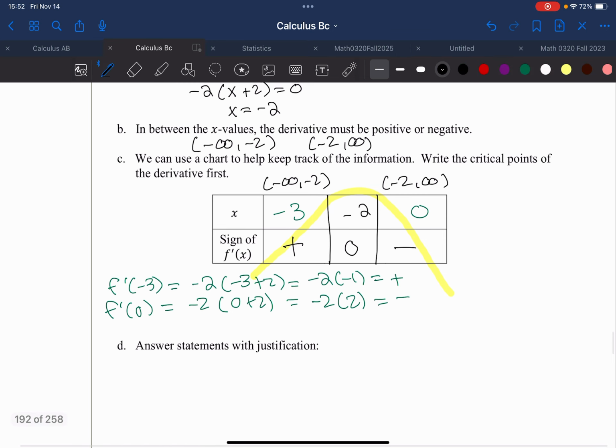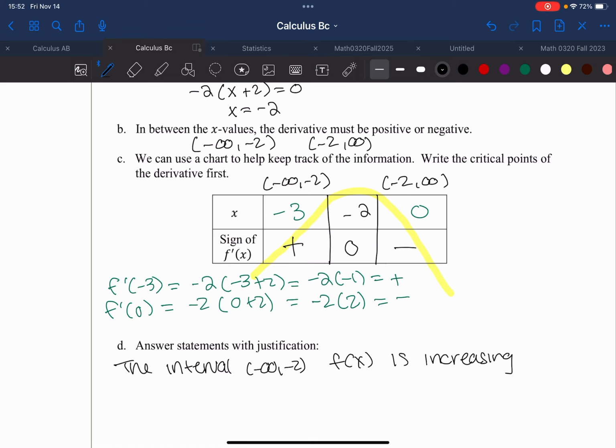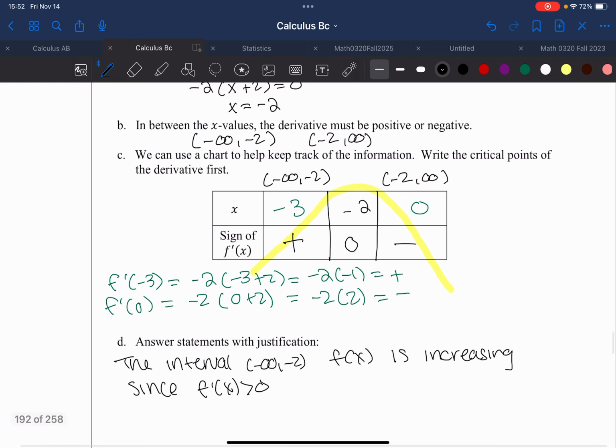The last part says answer statements with a justification. So we would say that on the interval negative infinity to negative 2, f of x is increasing since f prime of x is greater than 0, or in other words, it's positive.